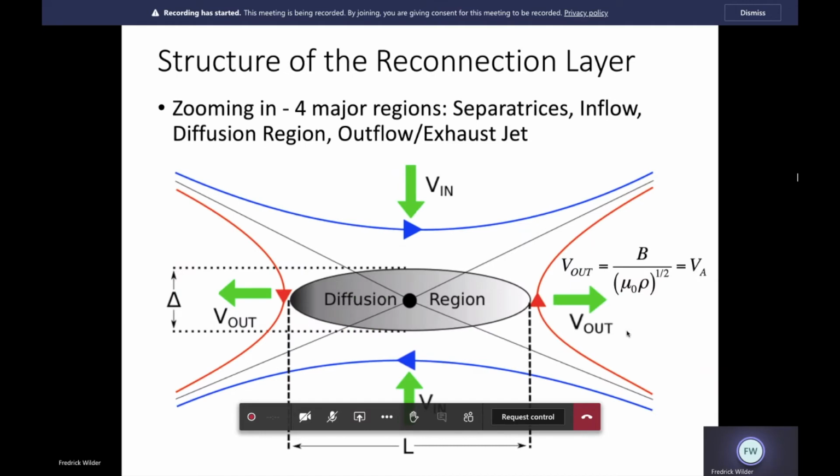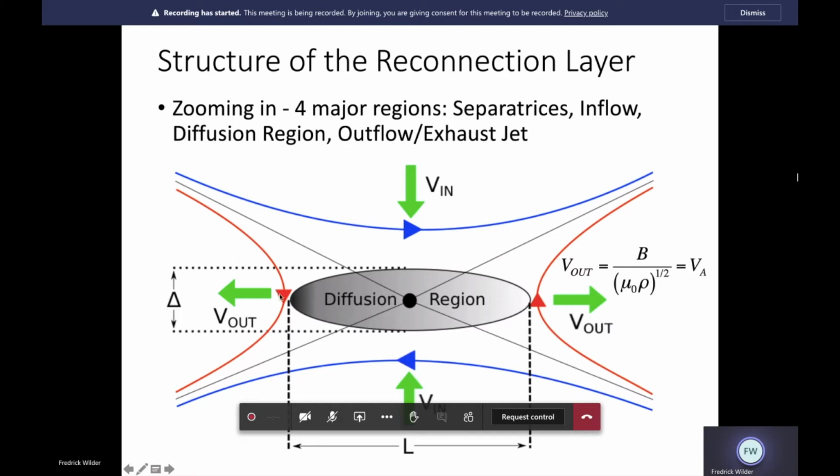So what exactly is happening in reconnection? Generally, you have these two plasmas carrying anti-parallel fields, and there will be a small region with an enhanced current where the magnetic field will diffuse across the topological boundaries. That's where the reconnection occurs. It's where the magnetic field, quote unquote, breaks.